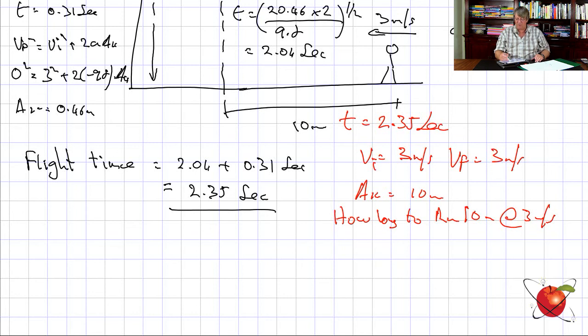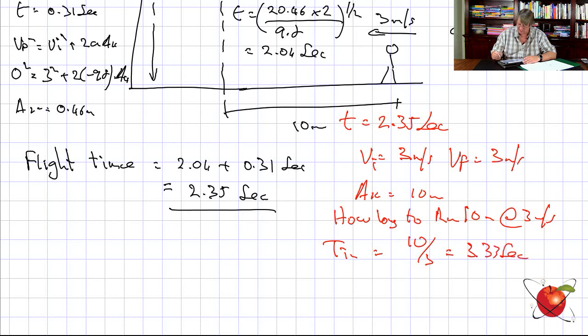In other words, how long will it take this person to get there? Think about it. Well, time is going to be 10 divided by 3, which is going to be 3.33 seconds.